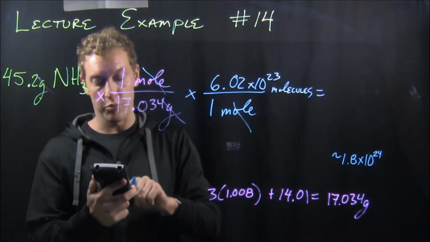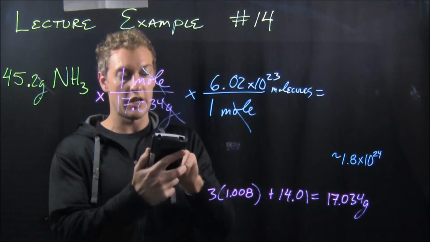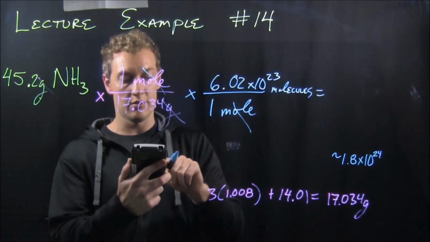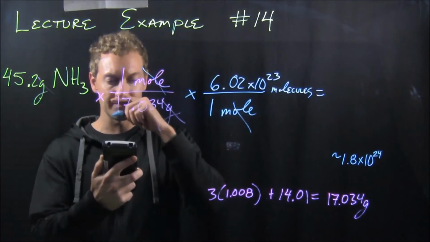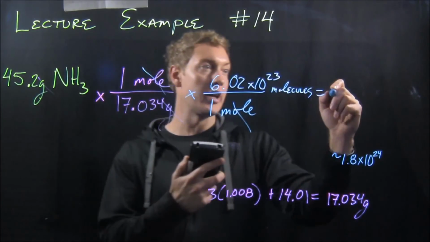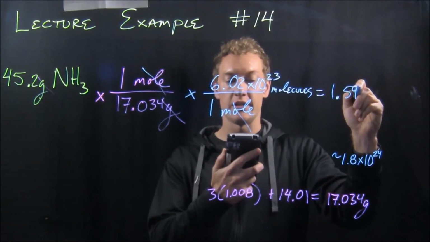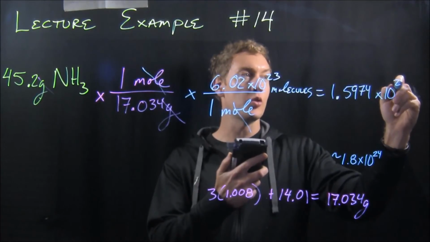So 45.2 times 6.02 times 10 to the 23rd. And then we're going to divide that by 17.034. And we get 1.5974 times 10 to the 24th.